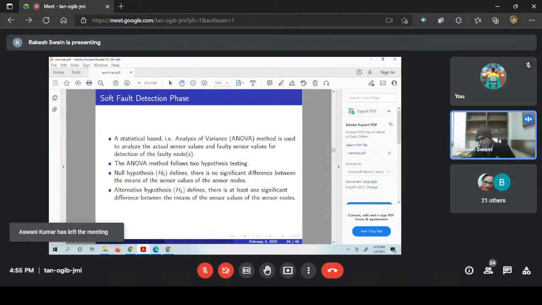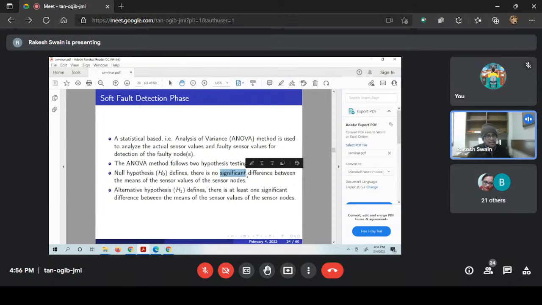A permanent fault gives erroneous data for the whole lifespan, but an intermittent fault occurs at regular time intervals and a transient fault at very spiky time intervals. So a significance level will be set so that it covers all types of faults. Suppose the significance level is set from 0.05 to 0.9, so that it detects all types of faults, intermittent and transient.